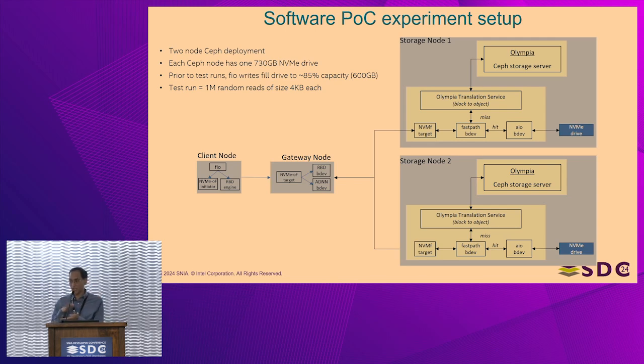Ceph allows you to only fill up to 85% capacity of a given drive, and beyond that, it goes into fail-safe mode. So that was the extent that we could write on the drive that we had. So it's a 600 GB RBD image that we have written random data with, and the test run will be 1 million random reads of small 4 kilobyte size requests.